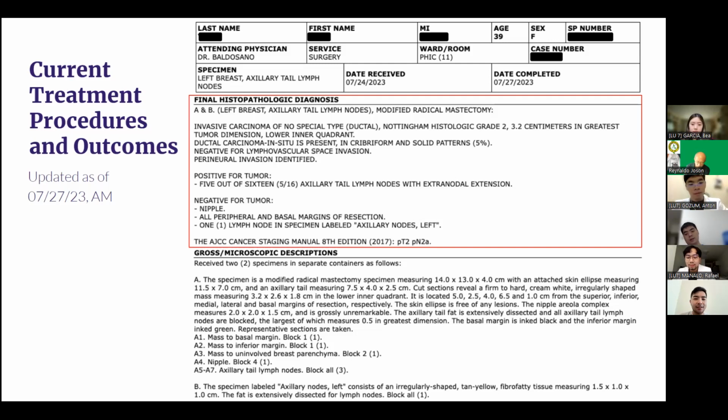Will it be sufficient just to give hormonal in the presence of 5 nodes? I don't have full data right now, but I agree, sir, according to my readings, mas effective po yung chemotherapy compared to hormonal therapy. Okay.